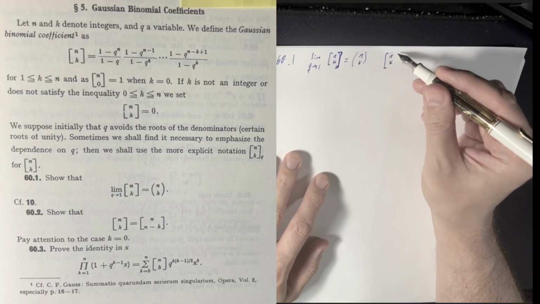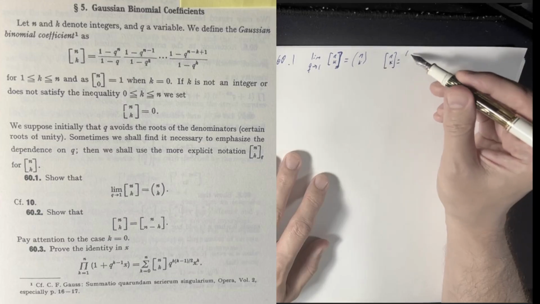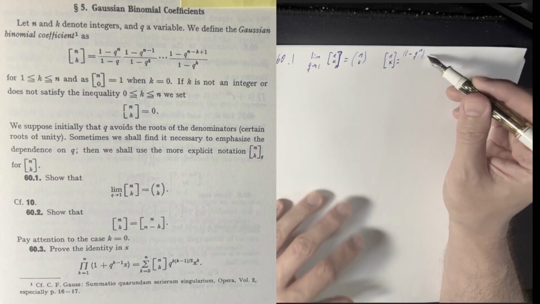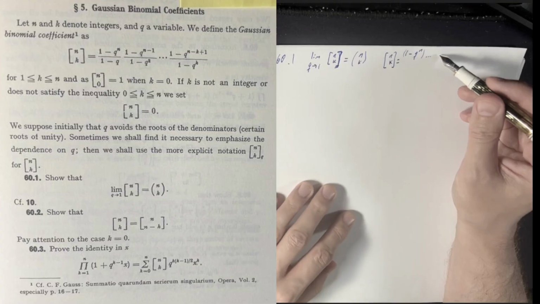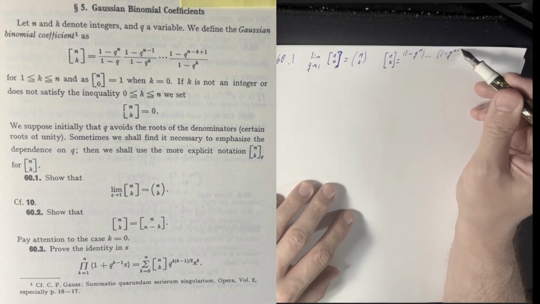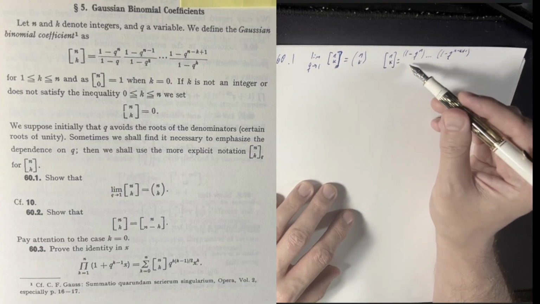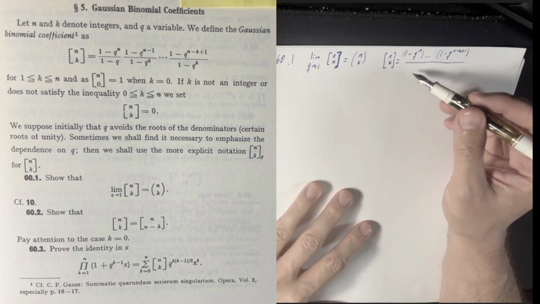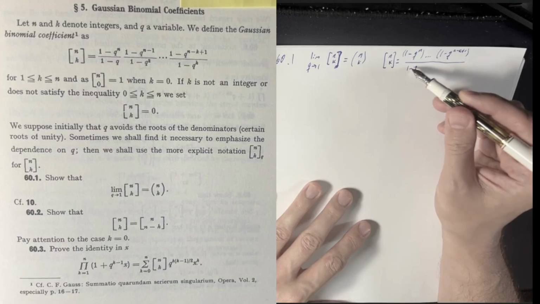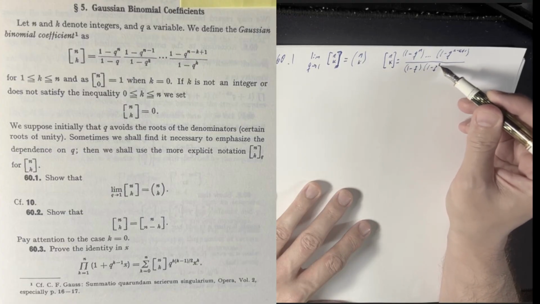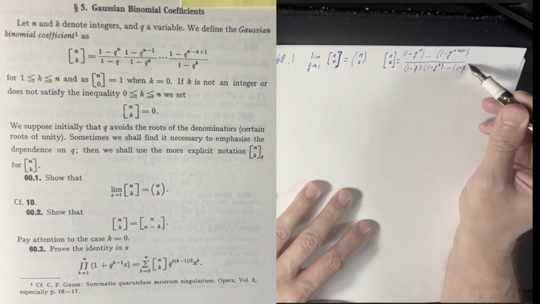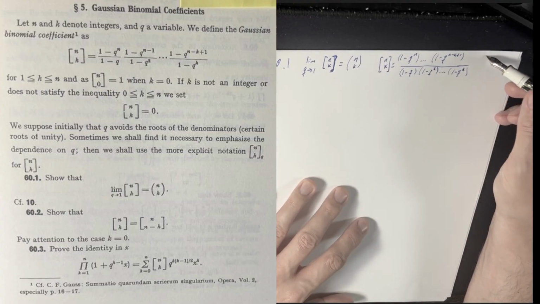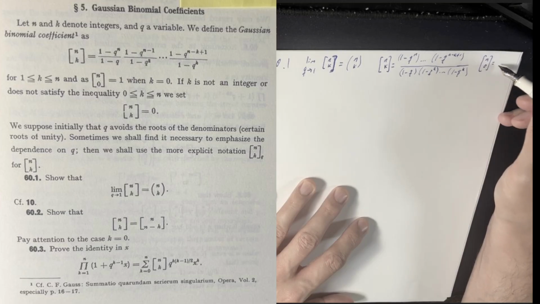I guess this definition is printed right there on your screen, but I'm not really familiar with it yet. So we start at n upstairs, we decrease down to n minus k plus 1. And then downstairs we take 1 minus q, 1 minus q squared, etc., up to 1 minus q to the k. And then we also have n0 is 1.